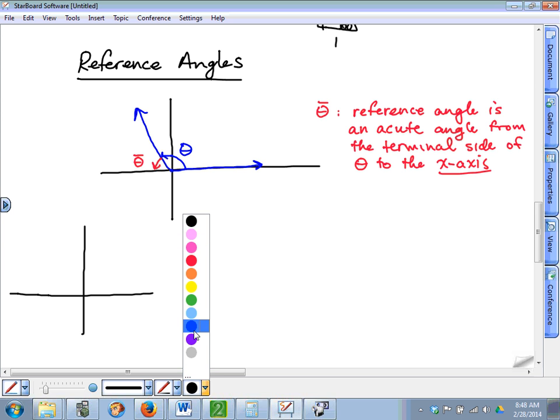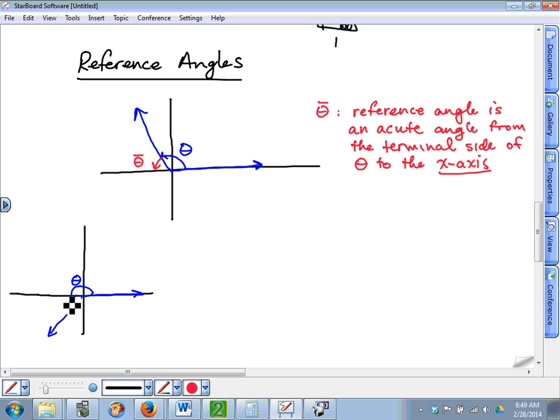Real quick, before we do some actual examples, let's draw an angle in the third quadrant. So here's theta. It's some random angle in the third quadrant. How would we find the reference angle if it's in the third quadrant?